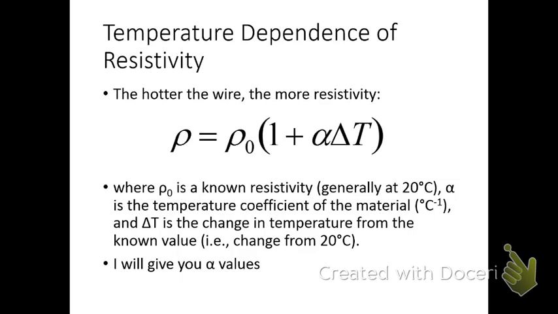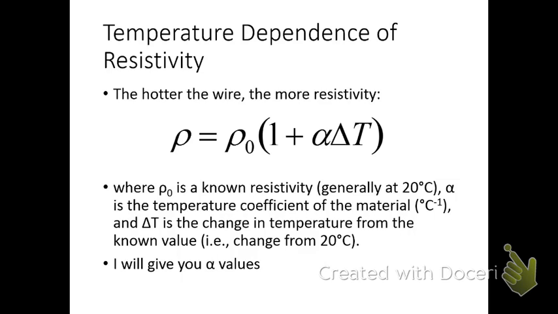Alpha is the temperature coefficient, which also depends on the material. It will be given to you. And delta T is the change in temperature from 20 degrees Celsius, whether you're getting hotter or colder. And rho will be the resistivity when you're finished.